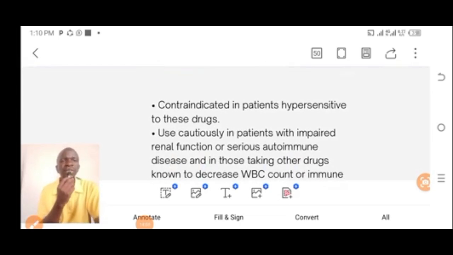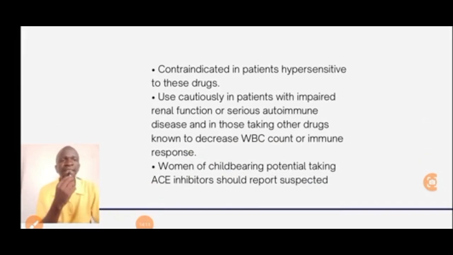Use cautiously in patients with impaired renal function, or serious autoimmune diseases, and in those taking other drugs known to decrease white blood count or immune response. So it also has to be used with extra caution in people with impaired renal function, that is people with renal disorders, and also people with autoimmune diseases.